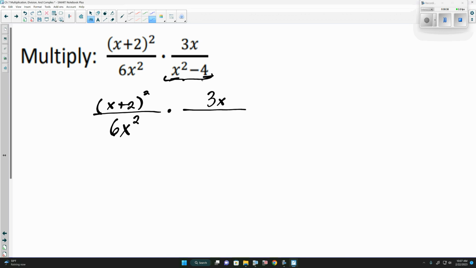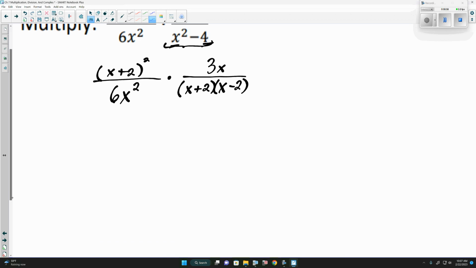Are x squared and 4 perfect squares? X squared is x and x, 4 is 2 and 2. So how would this factor? X plus 2 times x minus 2. Now if we did this the first time, we would just connect the 2 and simplify out. We could do that.